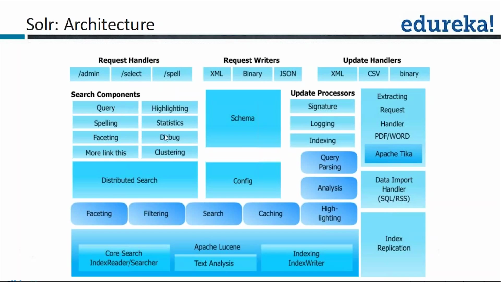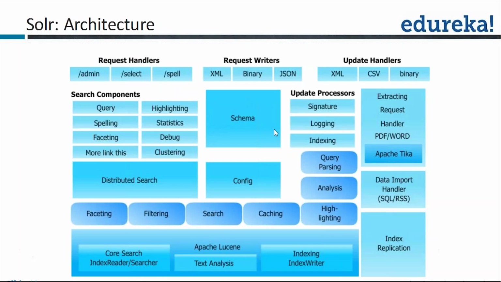All of these configurations are available in solrconfig.xml. If you look here, we have listed, in the middle, two configuration files which basically control, I would say, 85% of the behavior of the Solr instance.